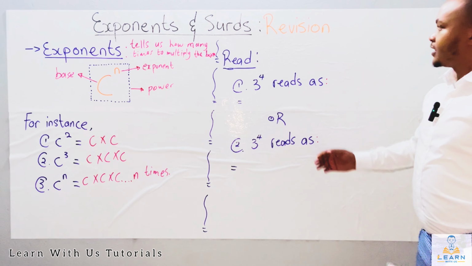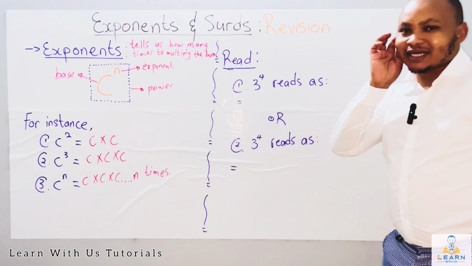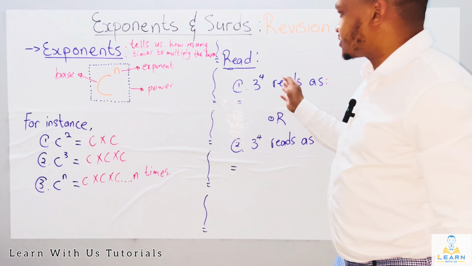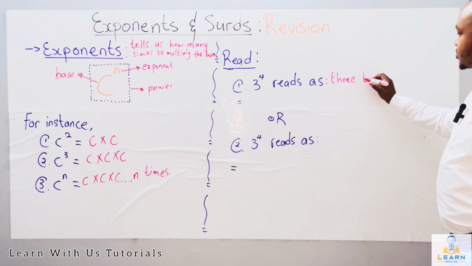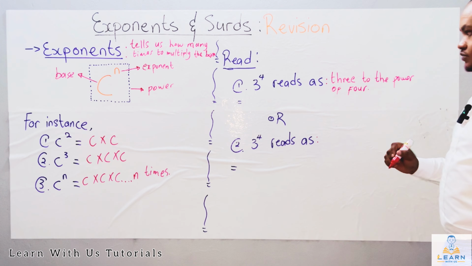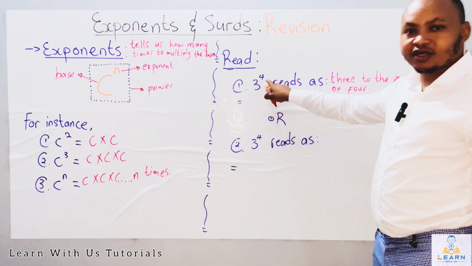Now let's move on to how we read this. This is how we read it: 3 to the power 4. Let me write it here in words: 3 to the power of 4.